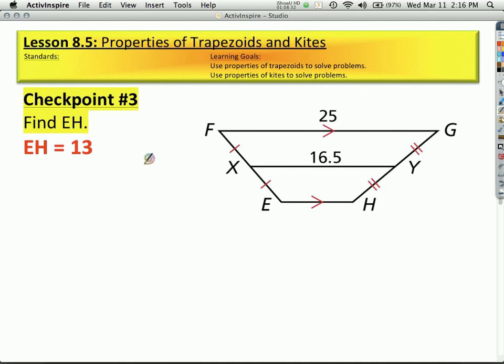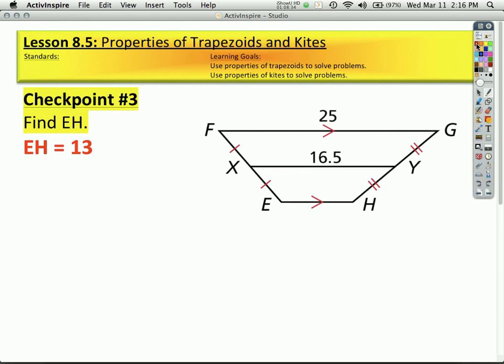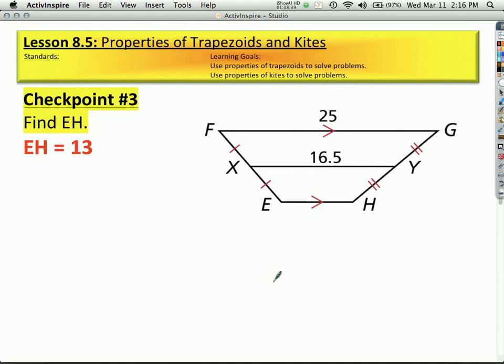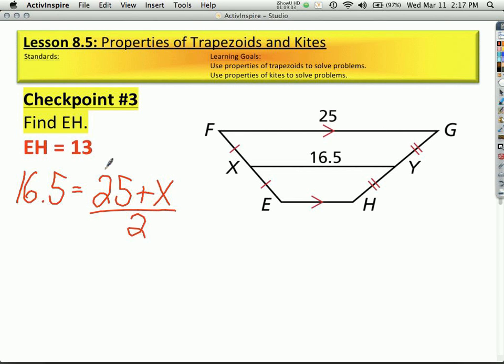So how'd you do it? Because I have no problem saying I made a mistake. Someone tell me so I can see if I made a mistake. Shelby, start us off. 25 plus x divided by 2.